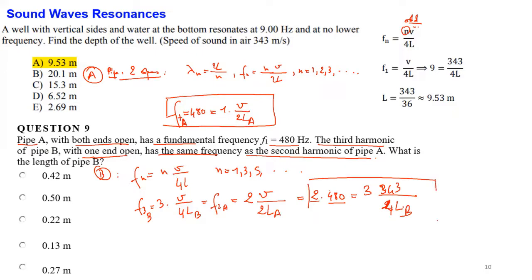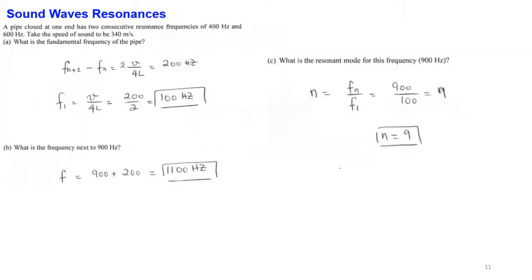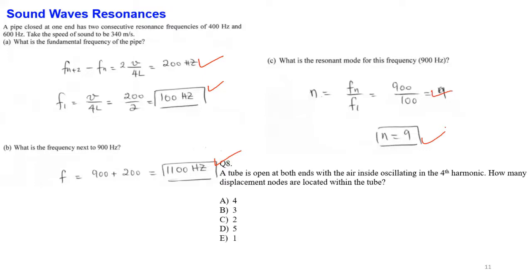So this is what I have to solve. And I get my LB. Okay. Is it clear? Excellent. So you solve it. Okay, so here I want you to solve this. The solution is straightforward. Okay, so just solve as much as you can. This was a quiz given by my dear friend.